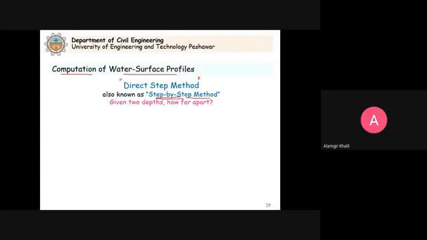For example, you have a channel and let's say we have 4 feet of depth here, and 3 feet of depth here. Just an example, this will be the water. So what is this delta X? This is what we find in this method.